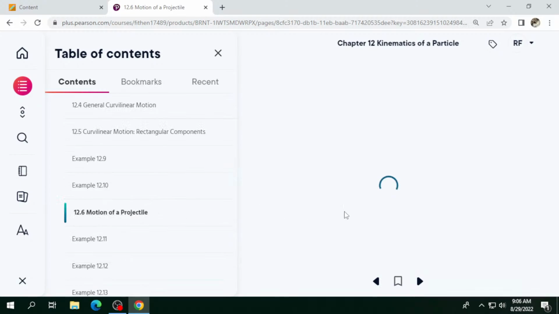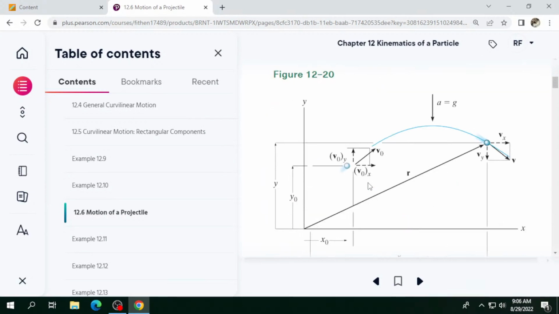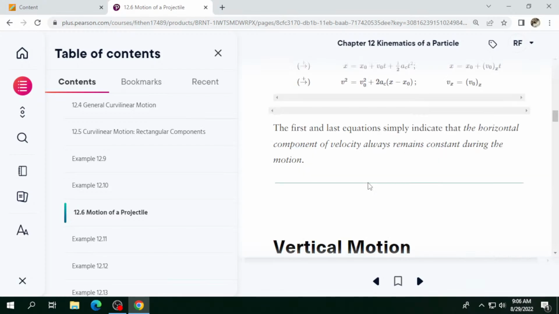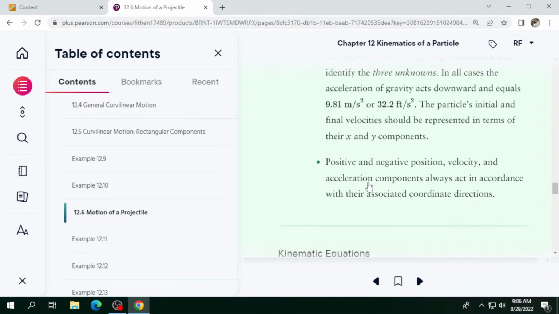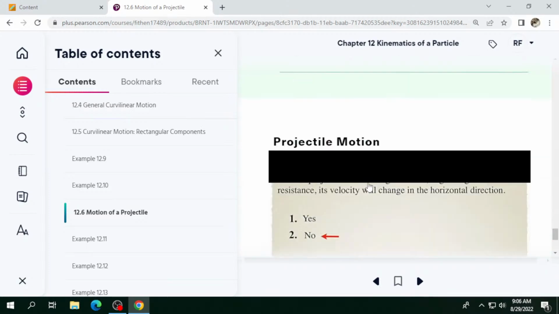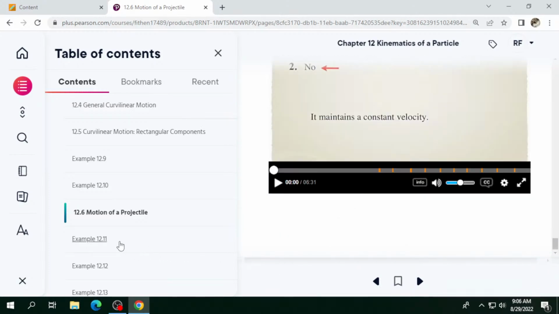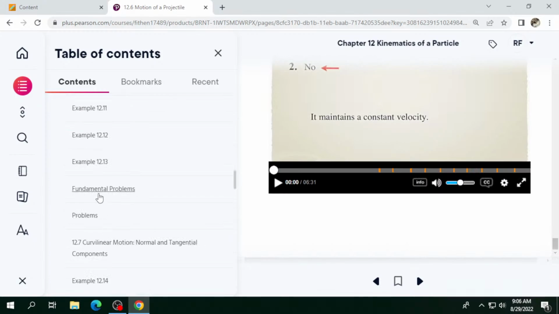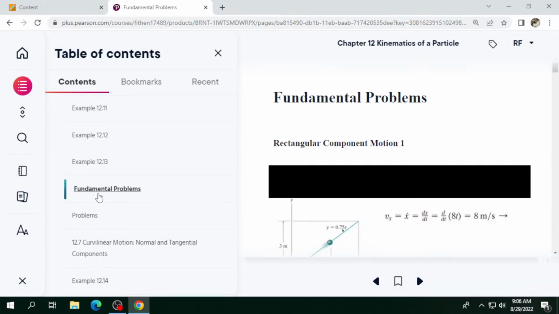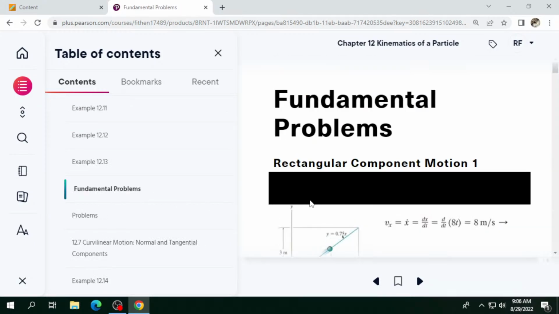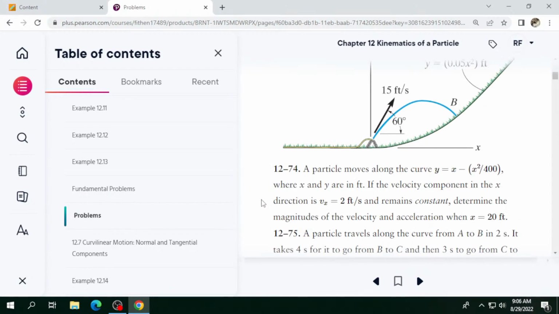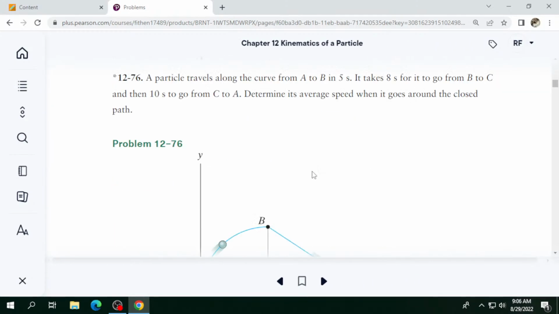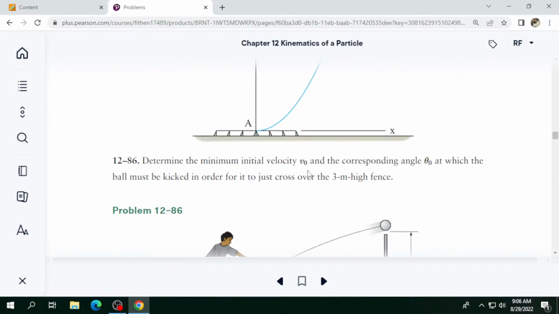Where are the problems associated with the projectile? I was going to do some of those. Okay, so there's the projectile. Those are the examples. I would think that those fundamental problems would be for the projectile. Maybe I just didn't go far enough down. Let me try to keep going further.